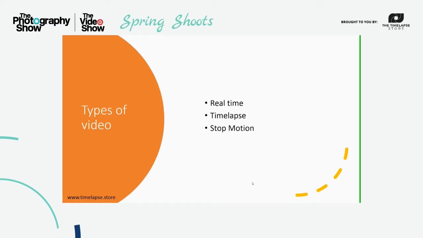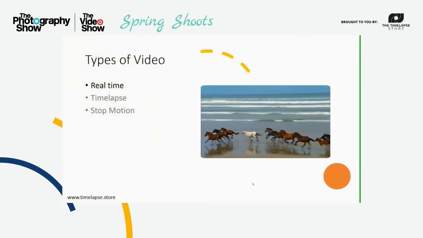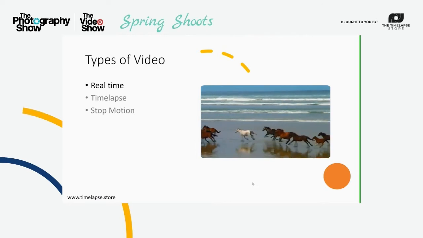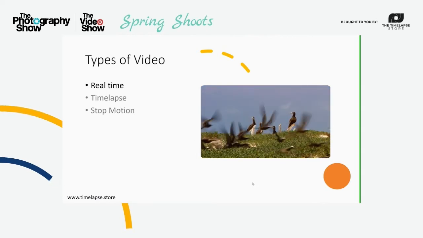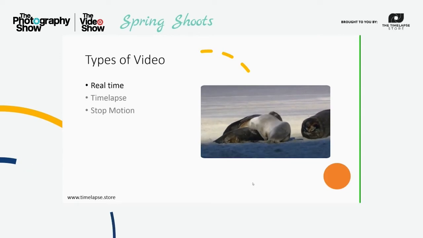There are essentially three different types of video: real-time, time-lapse, and stop motion. Which one you use for your website depends on the message you're trying to get over. But here's an overview of all three. Now, real-time video you see every day on your TV screens. It's capturing images of typically 25 to 30 frames per second.